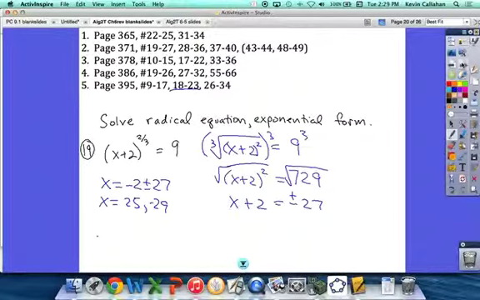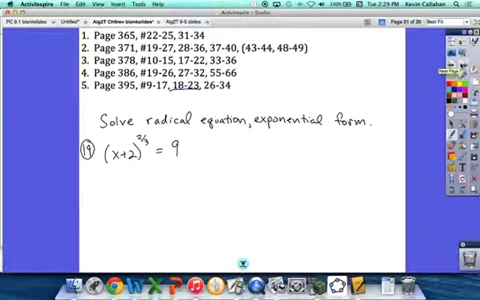Okay. Now, what would have happened if instead of doing it that way, we would have done it like this? Let's convert it to a radical, but this time we'll do it the other way with the power outside. So this will be the cubed root of x plus 2, and then the squared will be out here.